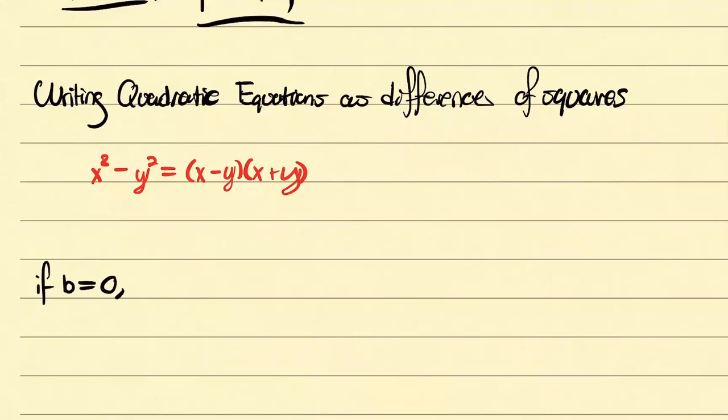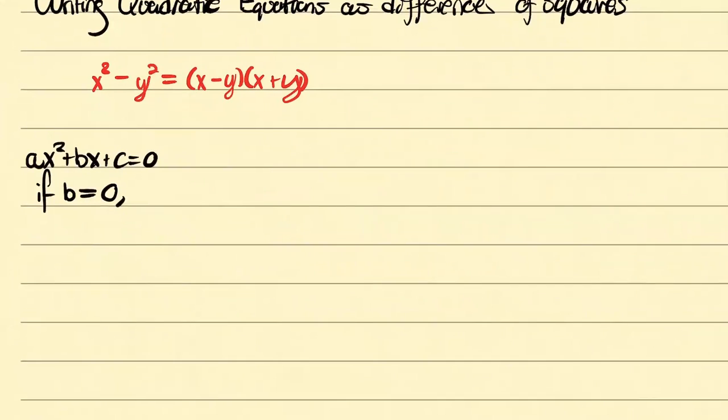So I'm going to add ample detail to make sure that we're clear. In this equation, if b is equal to 0, we can use this difference of squares formula.